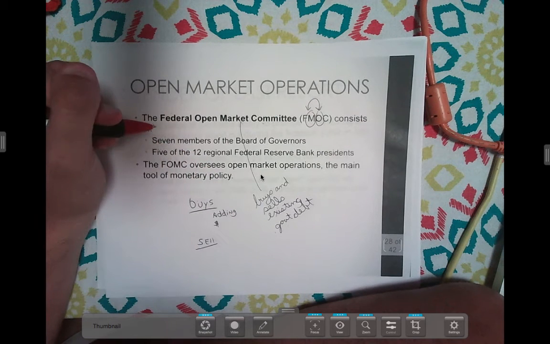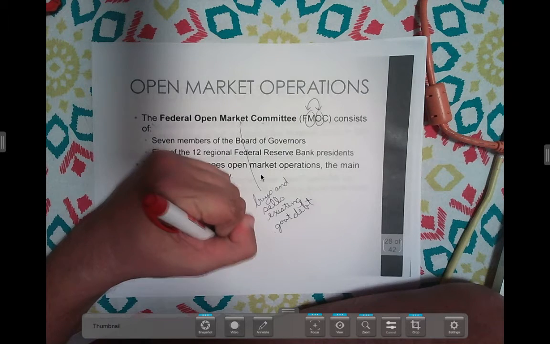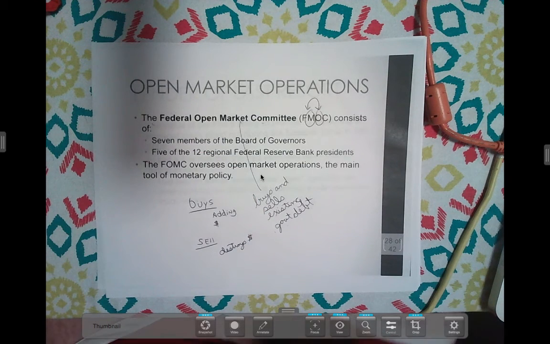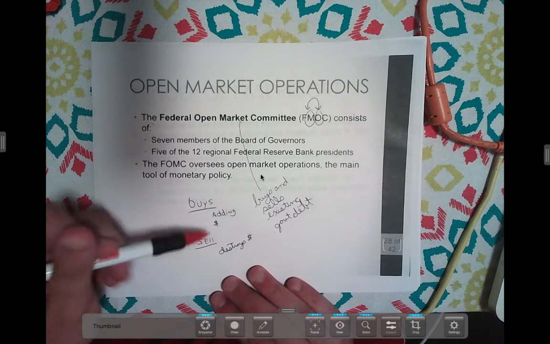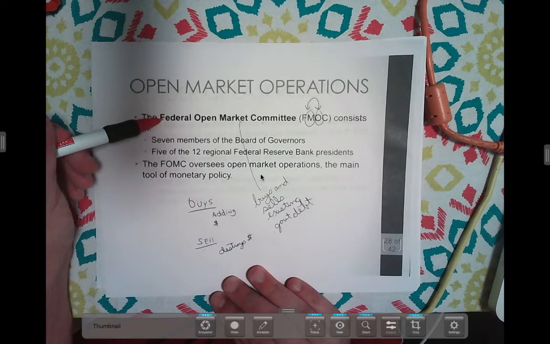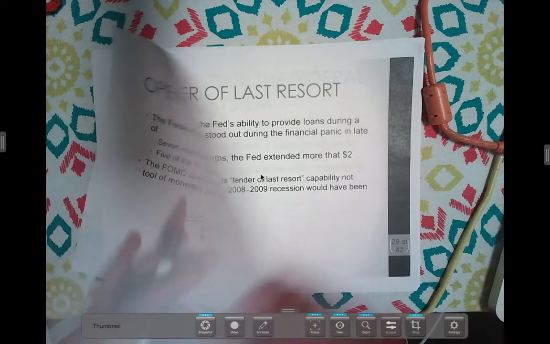When the Federal Reserve sells the debt that it has, it gets paid for it, and then it destroys the money. And that's how the central bank changes the money supply. Well, this decision of whether the Federal Reserve should buy or sell is made by the Open Market Committee.